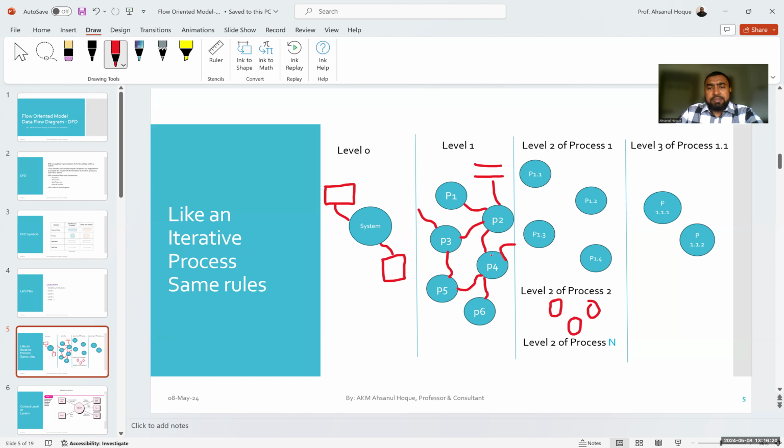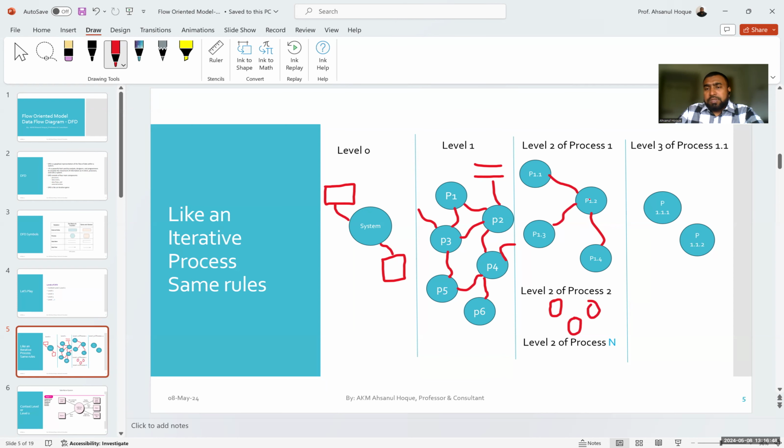So it depends on how many processes are inside each of the processes in level 1. In the same way, these processes are communicating with each other, and this process tells how it will work and how it will communicate with them.